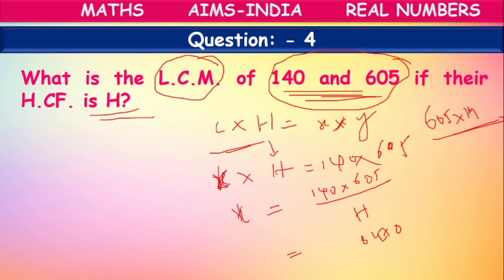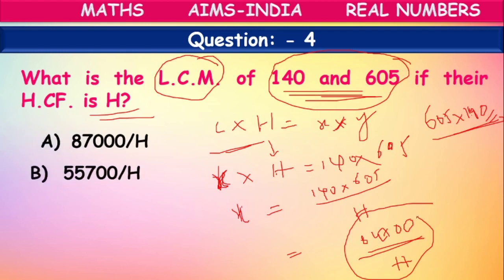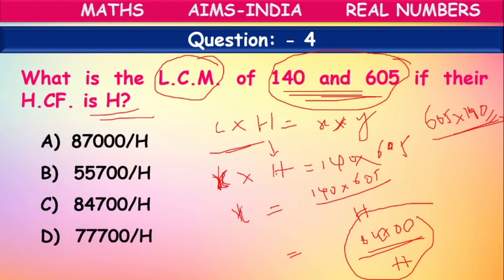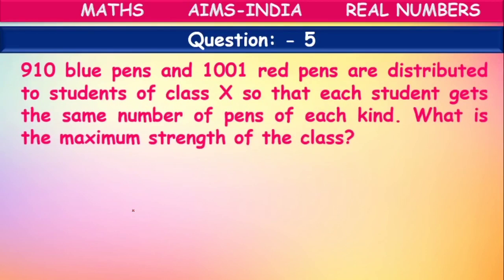But we have multiplied with 14, but the actual number is 140. 1 zero extra is there. We can keep it here. 84,700 by H. So what is the answer, children? C option, 84,700 by H.